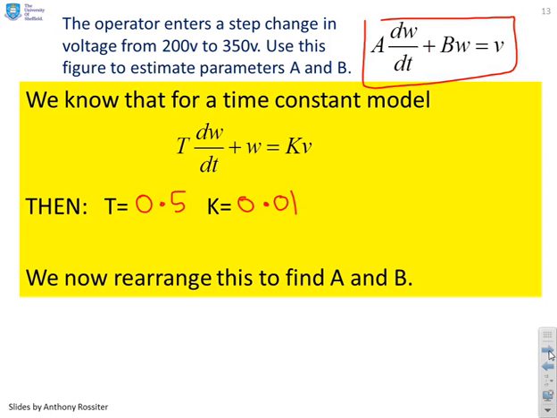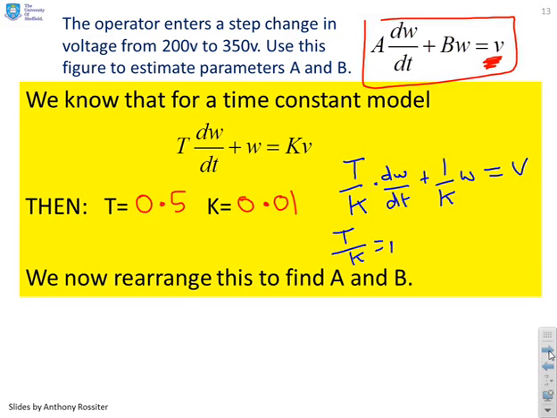You'll notice for the model they're asking for, they've got a coefficient of 1 on the v. So if I simply divide through by k, I'm going to get T over k times d omega/dt plus 1 over k times omega equals v. And therefore clearly T over k equals a and 1 over k equals b.